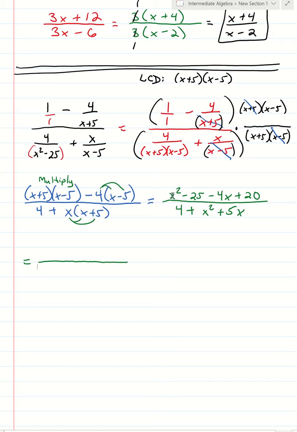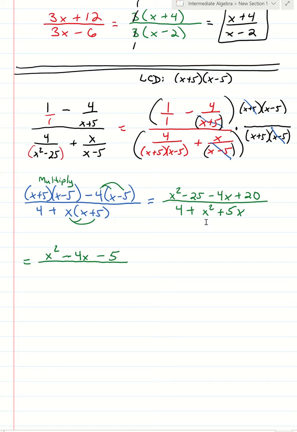In the numerator, we have the x squared. I have the negative 4x, as well as I have the negative 25 plus 20. Those are like terms that I can combine, and that would give me a minus 5. So that takes care of my numerator.